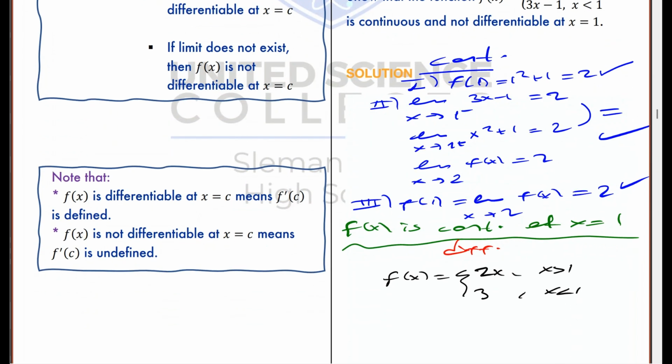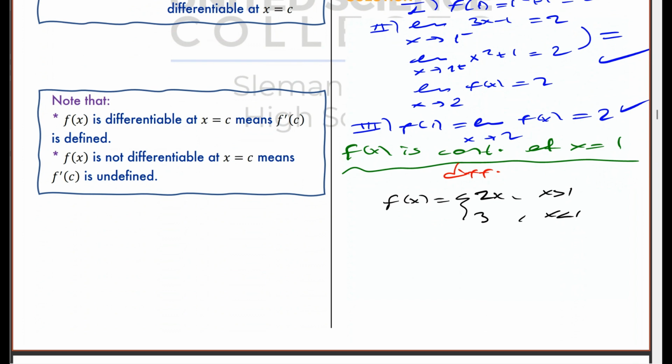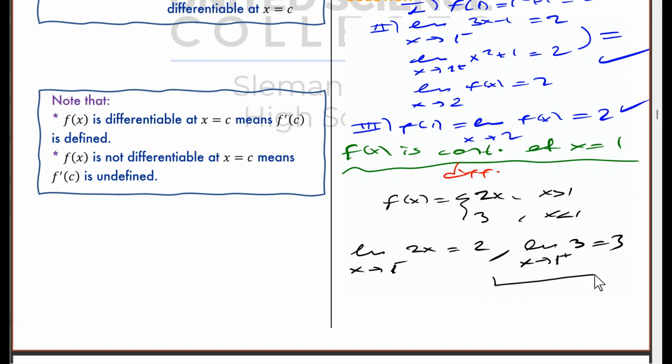Okay, now we check the limit again, left and right sided limit. Limit as x approaches 1 from the left is 3, and limit as x approaches 1 from the right is 2x, which is 2. Right-sided limit is not equal to left-sided limit.